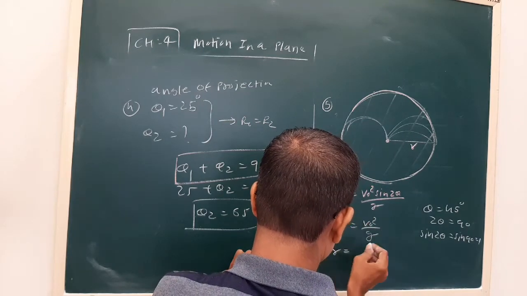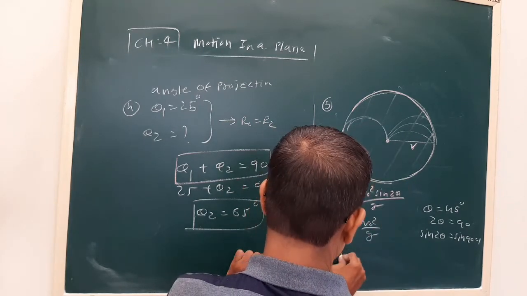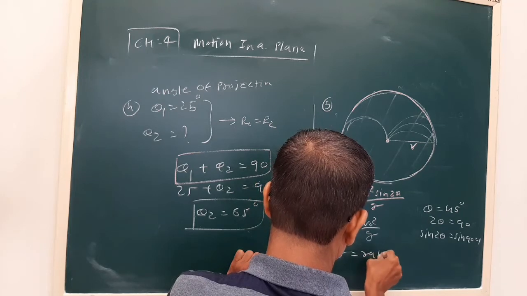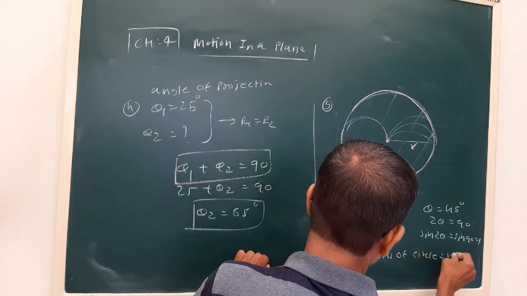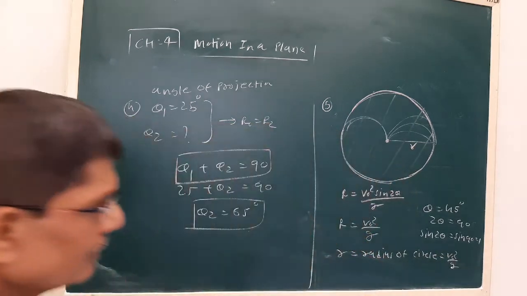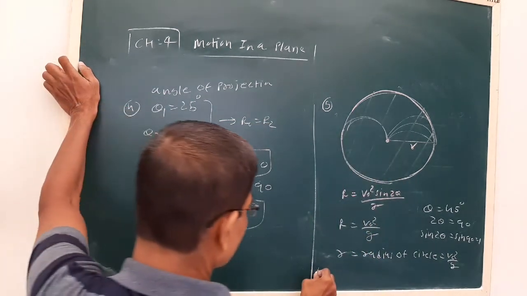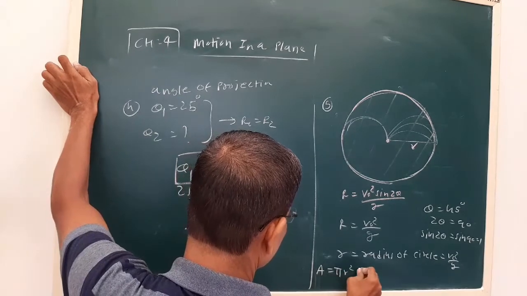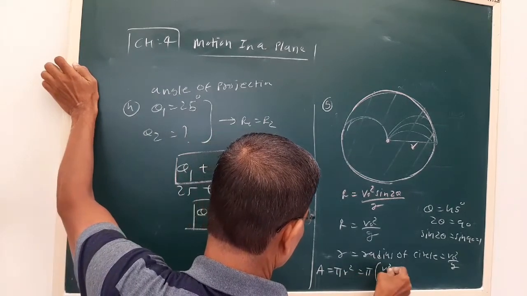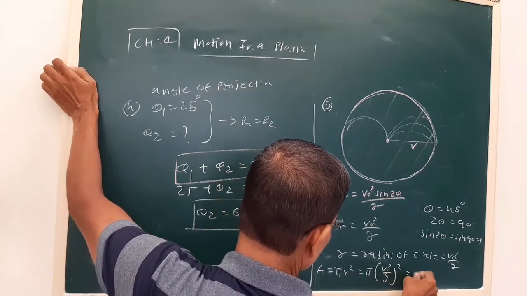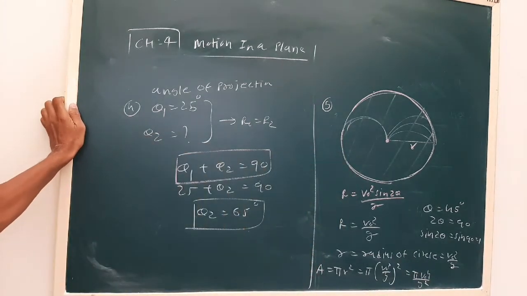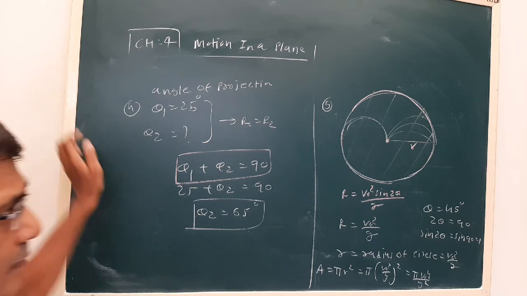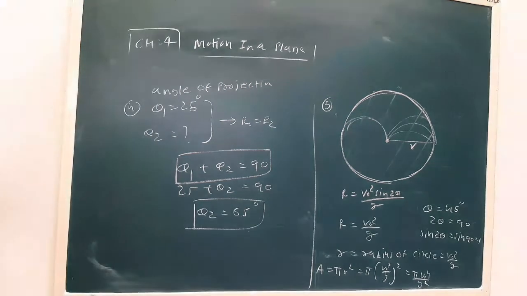Now this is nothing but the radius of the circle. And what is the area of the circle? Area is pi r square, that is pi times v0 square upon g, whole square. So that is the maximum area covered.